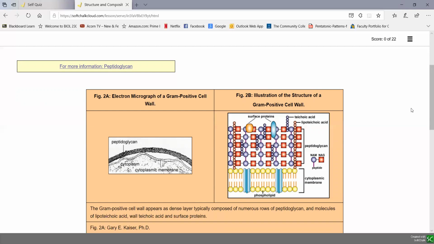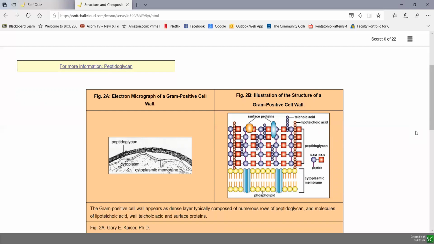Now, also we're going to see that interwoven amongst that peptidoglycan are both teichoic acids and lipoteichoic acids. The lipoteichoic acids tend to wind through the peptidoglycan and attach to the cytoplasmic membrane. The teichoic acids just kind of are woven through the peptidoglycan.